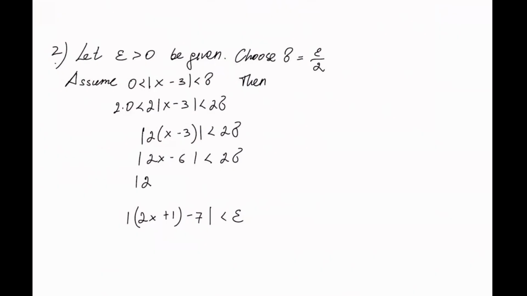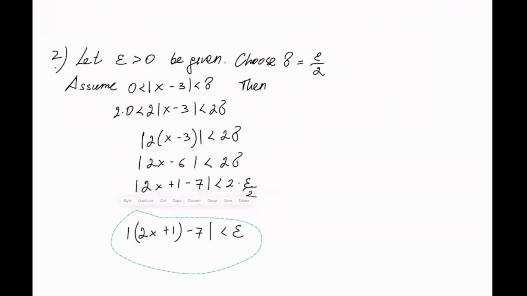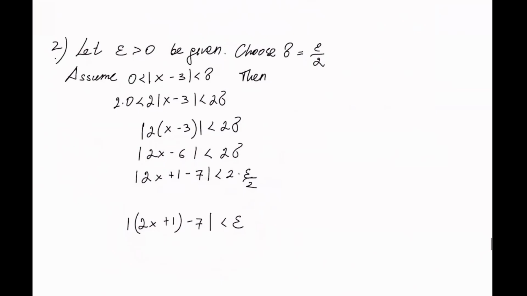So I would have 2x plus 1 minus 7 less than, and now instead of this delta, I can substitute my epsilon over 2, and I will have 2 times epsilon over 2. And now from here, as you can see, we can just put the parentheses around 2x plus 1 minus 7, and here we will cancel our 2's, and we are left with just epsilon.